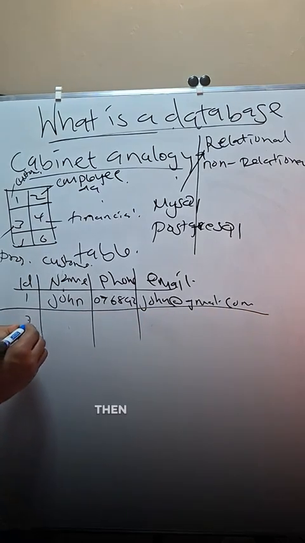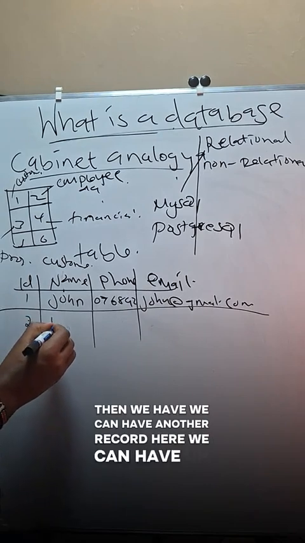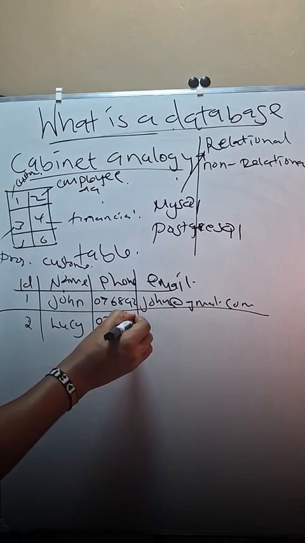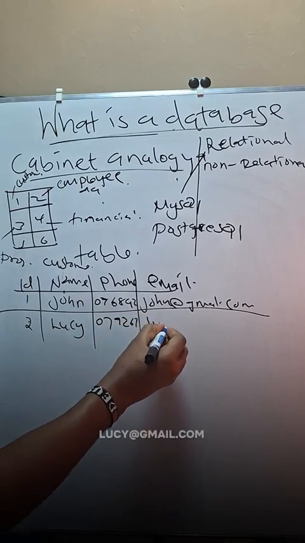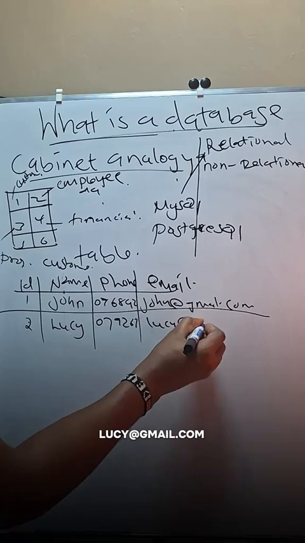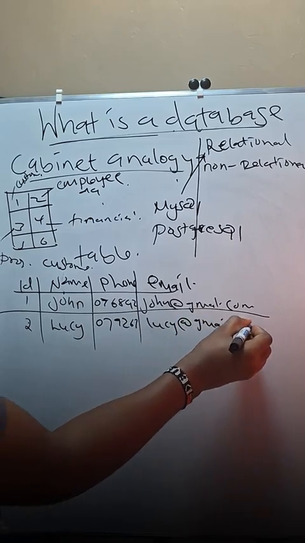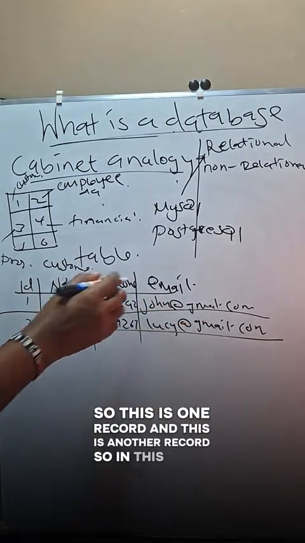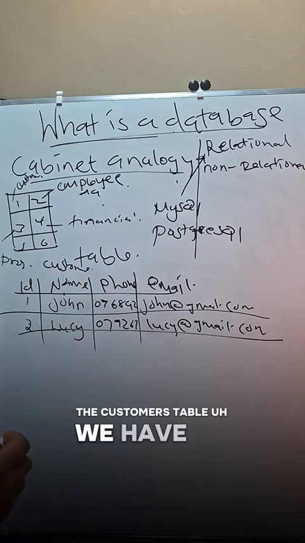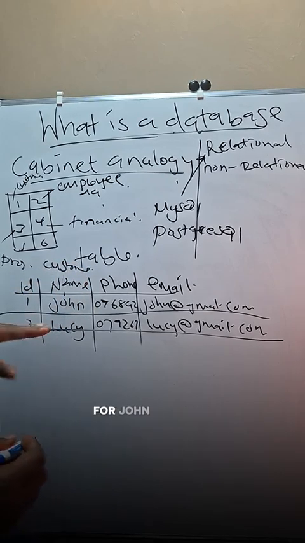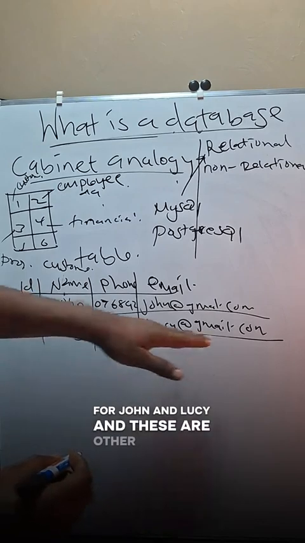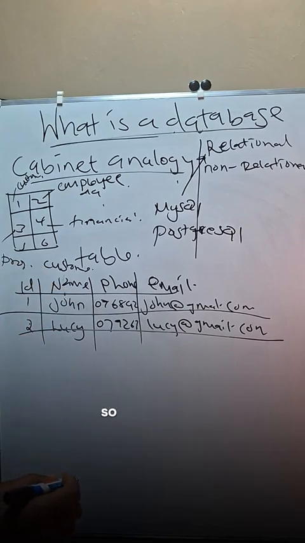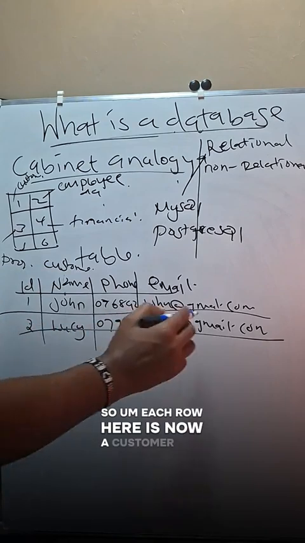Then we can have another record here. We can have Lucy, with her gmail.com address. So this is one record, this is another record. In the customers table, we have 2 records, for John and Lucy. These are data related to that specific record. Each row here is a customer.